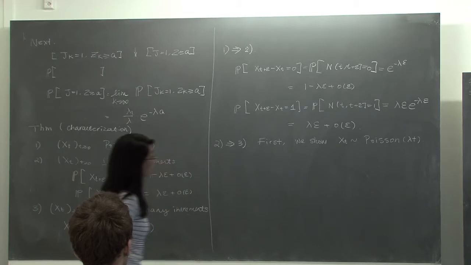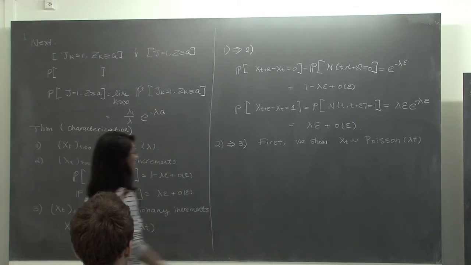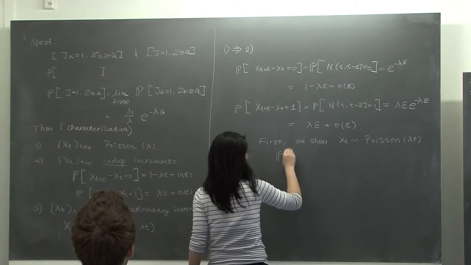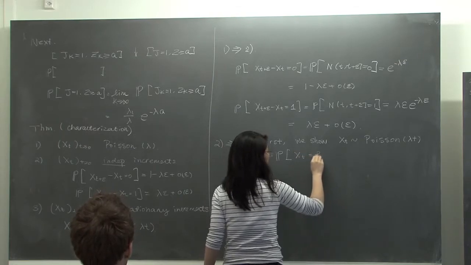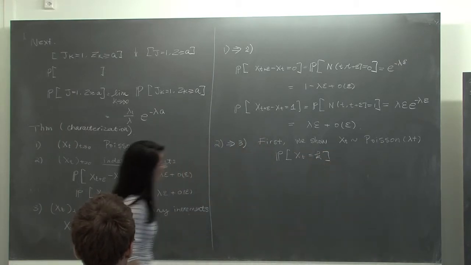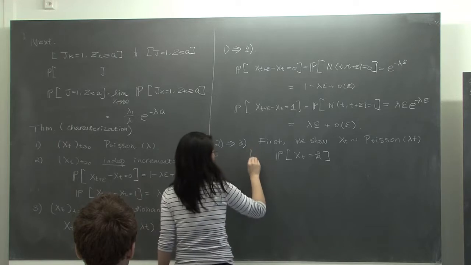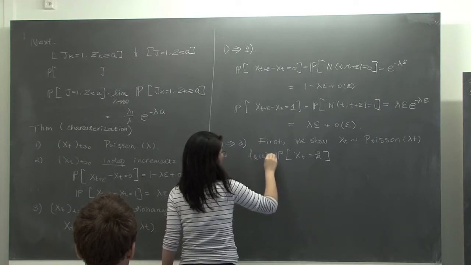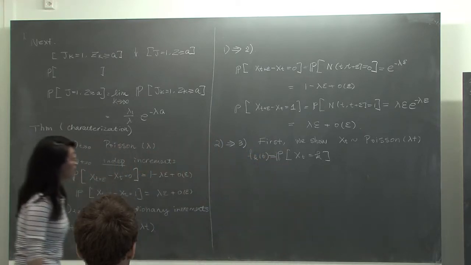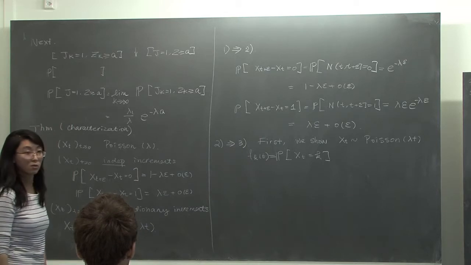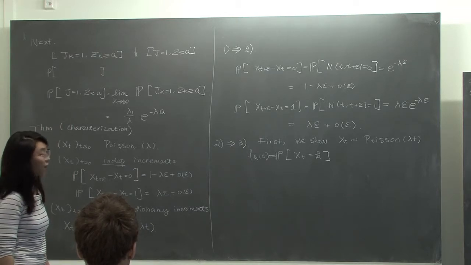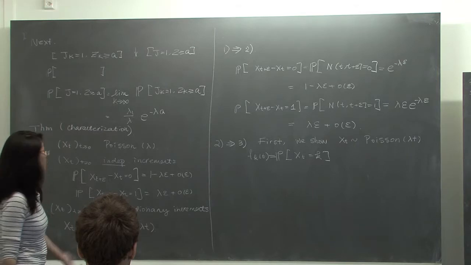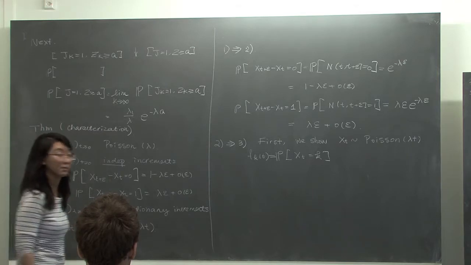In order to show the law of Xt, we need to calculate the probability for Xt equals k. I define this function f_k(t). The only thing we can do is to compare f_k(t) to f_k(t plus epsilon), because this is the only condition we know from here.